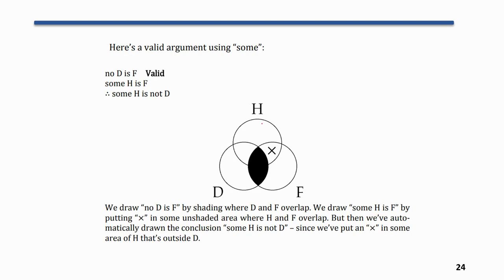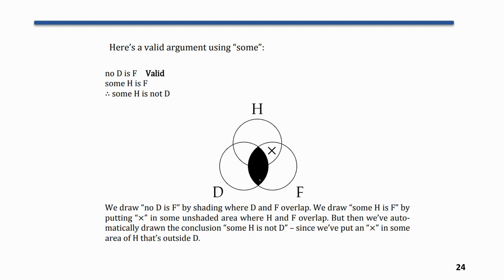Some H is F means between H and F, if you look at their overlapping portion, there is a cross. The cross means some of H is F. It does not talk about the rest of the H. It can be F, it cannot be F, but at least some of H will be F. Then this portion is crossed, and now it's clear.